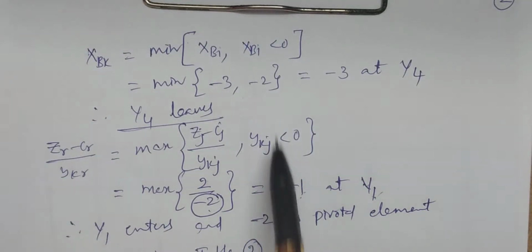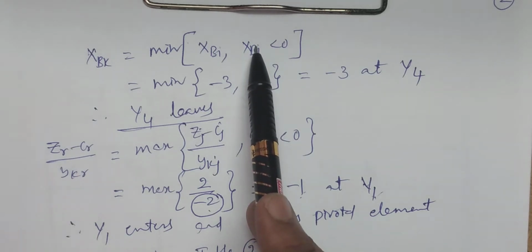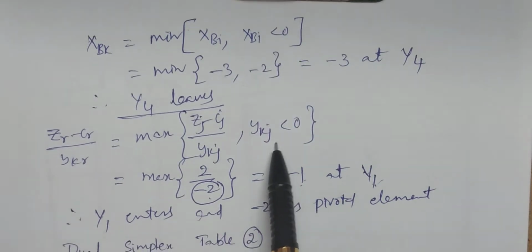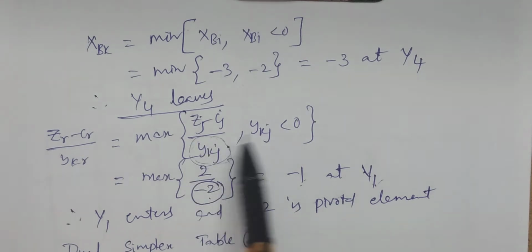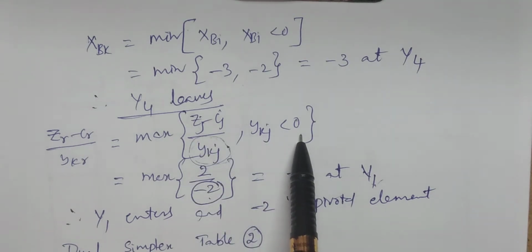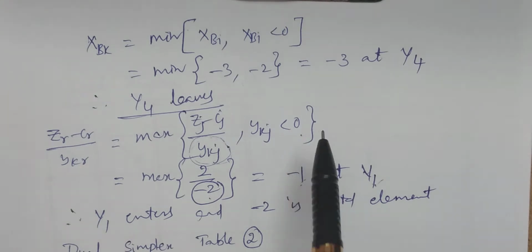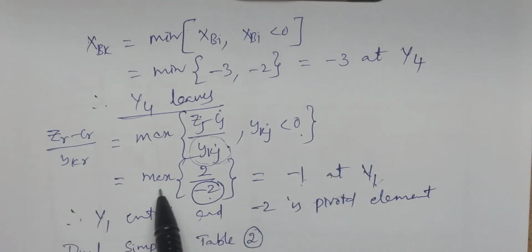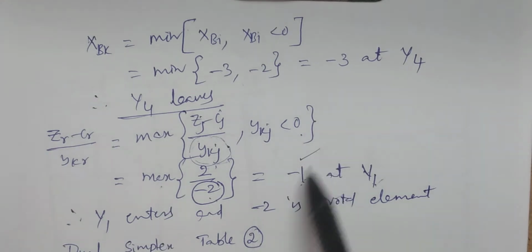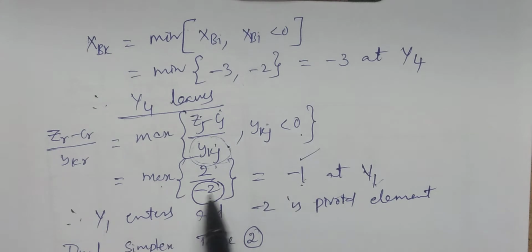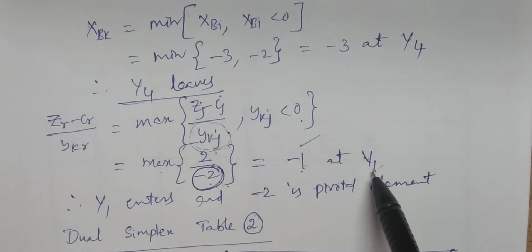Negative values only we have to consider. Here xBi is less than 0, here ykj is less than 0, that is the element in the denominator, right? ykj must be less than 0. Negative values should be considered, positives should not be considered for this ratio. So the maximum of 2 divided by -2 is equivalent to -1. This is the maximum value, only one, therefore it is -1, the maximum value corresponding to -2. Corresponding to -2, it is nothing but at y1.